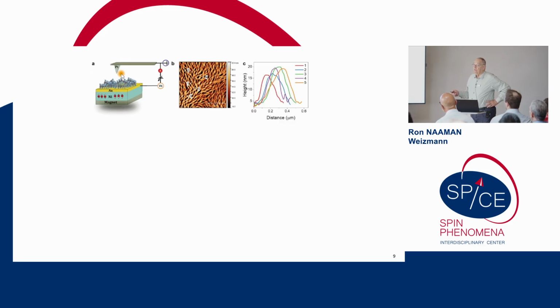We come with a tip of a conductive AFM, and we measure the current going between the substrate and the tip, in this direction and back, as a function of voltage, for the two magnetic orientations of the substrate, either when the spins are pointing up or spins pointing down. We can also get the topography here, and please realize that what we measure is the current perpendicular to the long axis of the wires.